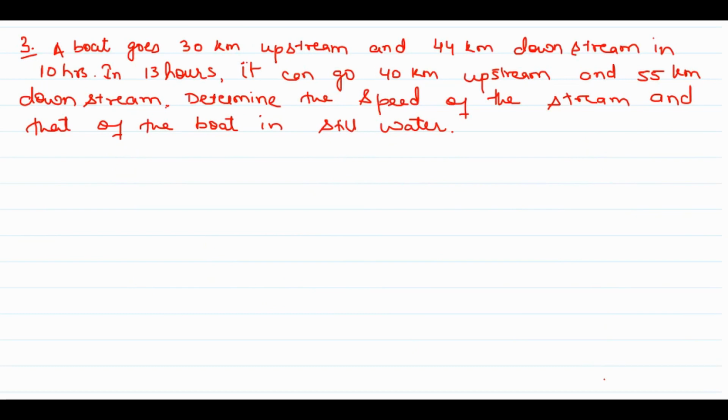I hope students you understand the concept of upstream downstream already. I'll give you a brief idea. Basically, when we talk about the upstream speed, the speed of the boat, we call that in the still water, right? The speed of the boat, which is basically just the speed of the boat, no contribution of water or stream.